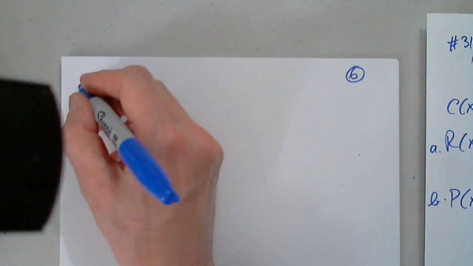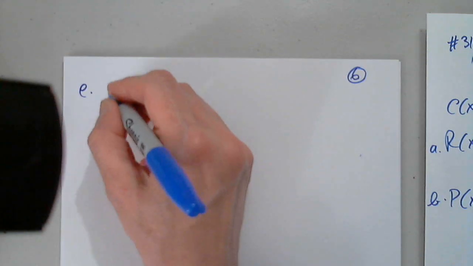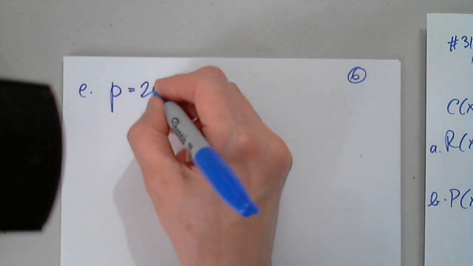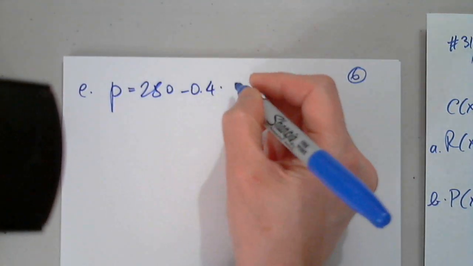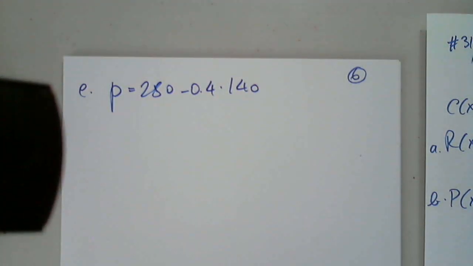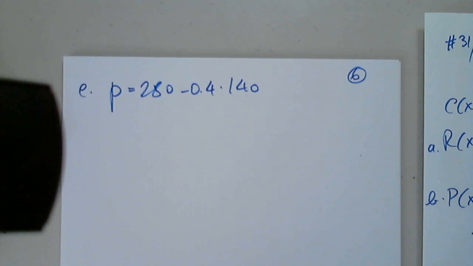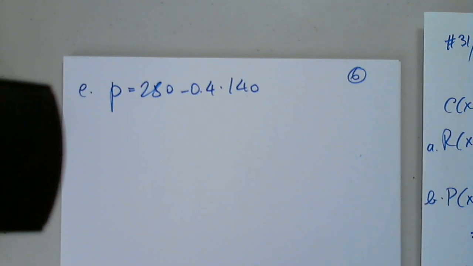Awesome. So part E, we have little p equals 280 minus 0.4 times 140, and that's the price per unit. So we have 280 minus 0.4 times 140, and that is the price per unit.